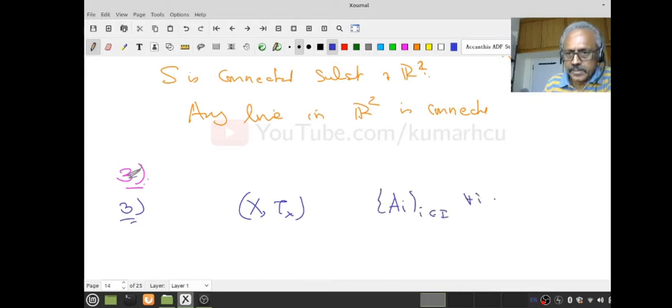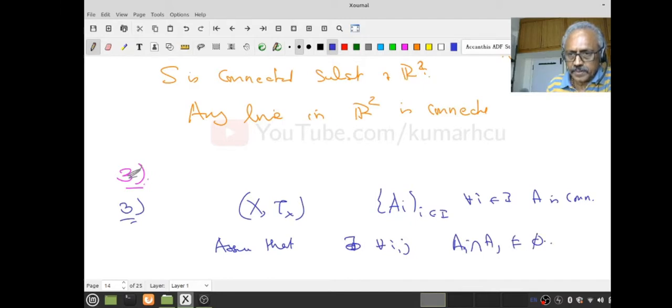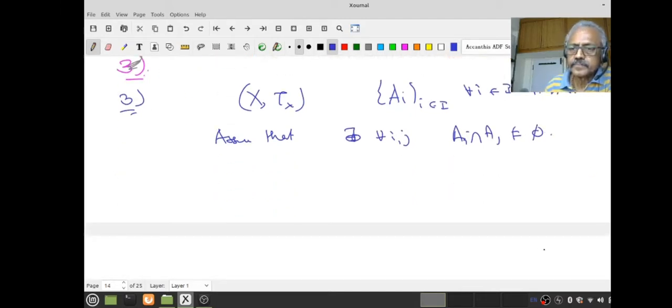For each i in I, A_i is connected. Assume that for all i and j, A_i intersection A_j is not empty. Then I claim A equal to the union of A_i, i in I, is connected.